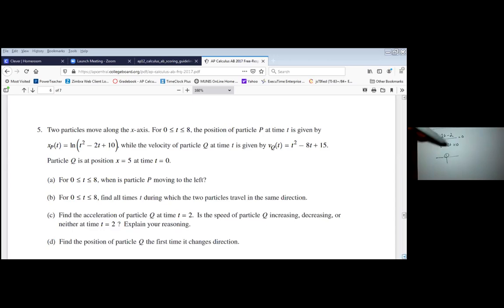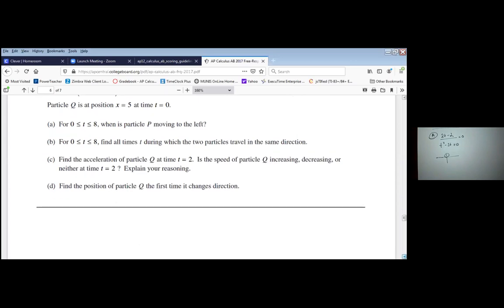Yeah, so factoring, the only factors of 10 are 10 and 1 or 5 and 2. Neither of those are going to make that middle term, so it's not factorable. Even if you guess and check a little bit, if I plug in 1, whatever happens here, plus 10 is going to make it positive. So that's never going to be 0. If I plug in 2, now anything from 3 and above, that's going to be positive. So there's no real way to make the bottom 0.